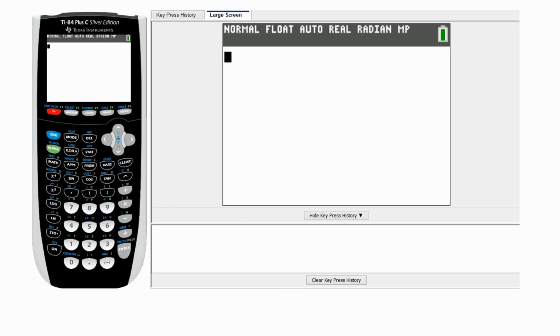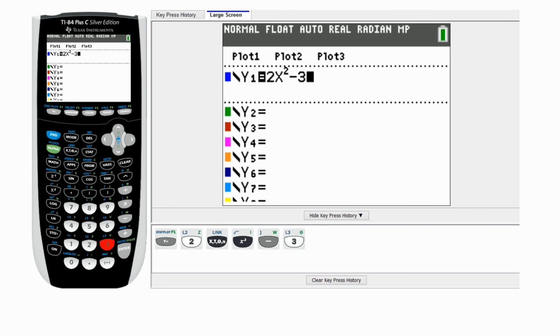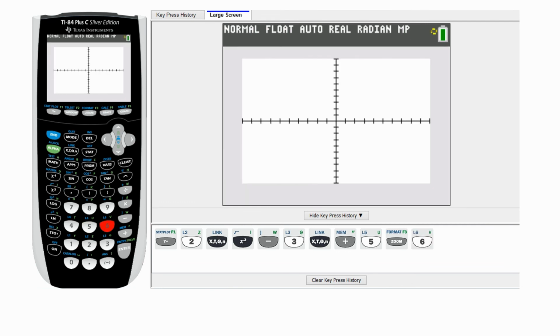Going to y equals, if there's anything there, you can clear it out. Type in 2x squared minus 3x plus 5. Zoom, 6 for standard. We can either use our table or trace to verify our ordered pairs.